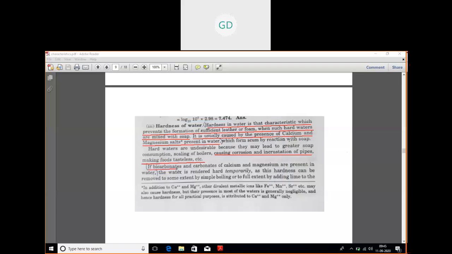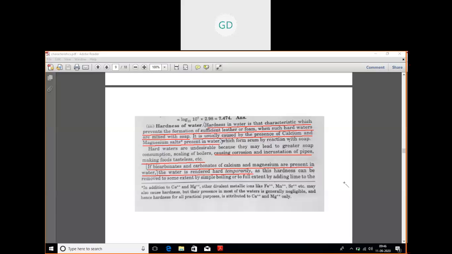It is written here: if bicarbonates and carbonates of calcium and magnesium are present in water, the water is rendered hard temporarily. You have to remember this line. Why is this name given?